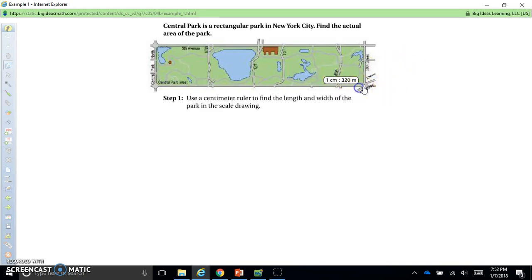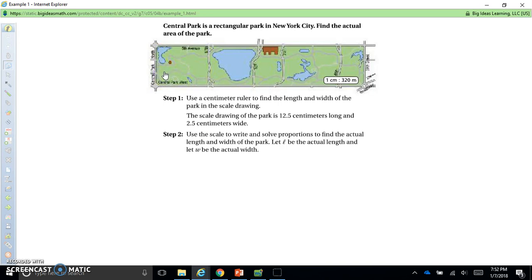If we measure, the park is 12.5 centimeters long and 2.5 centimeters wide. We could multiply 12.5 times 2.5, but we would still have to convert to the actual size.